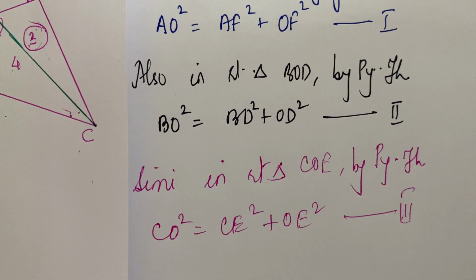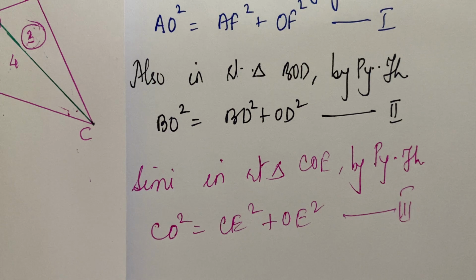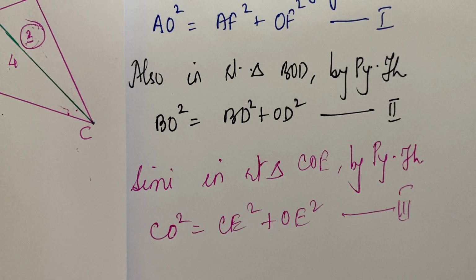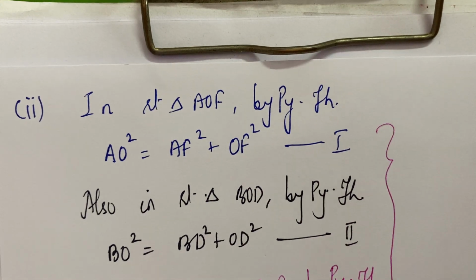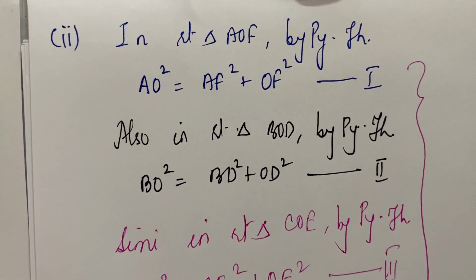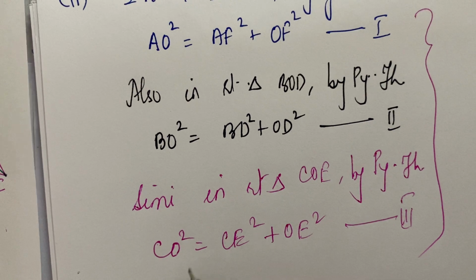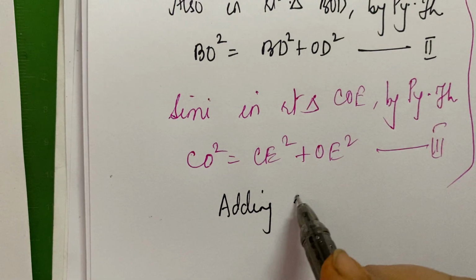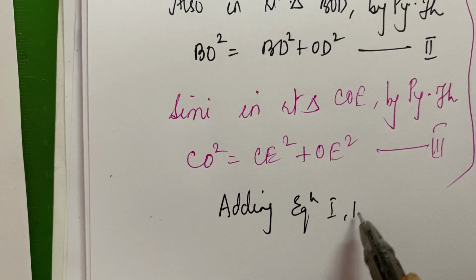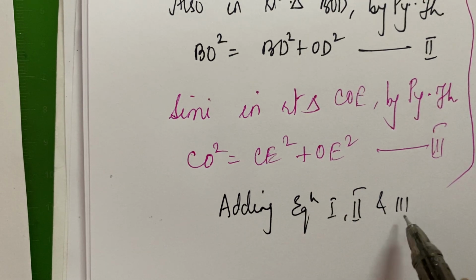Fine. We will add the 3 equations. Let us add these 3 equations again. So if you add the 3 equations, you will get, adding equations 1, 2 and 3.